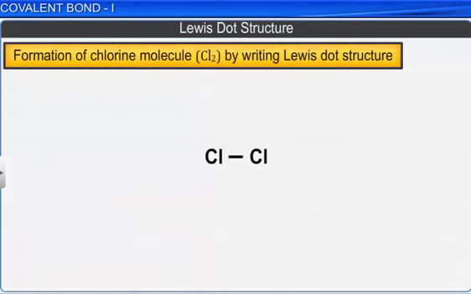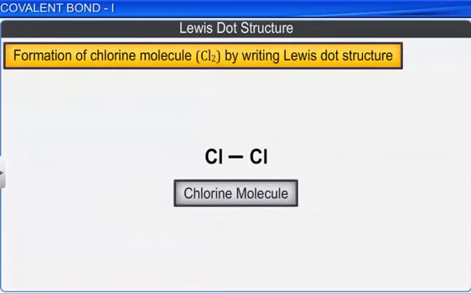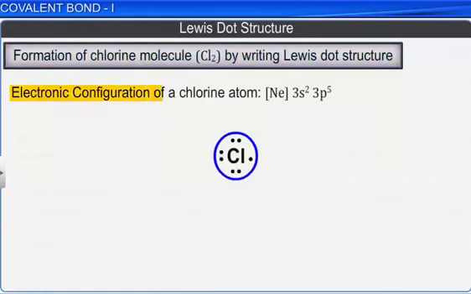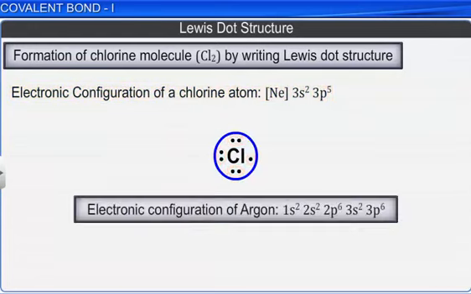Let us understand the formation of chlorine molecule by writing the Lewis dot structure. The electronic configuration of a chlorine atom is neon 3s2 3p5. It has 7 electrons in its valence shell. Hence, it needs one more electron to attain the nearest inert gas configuration of argon.